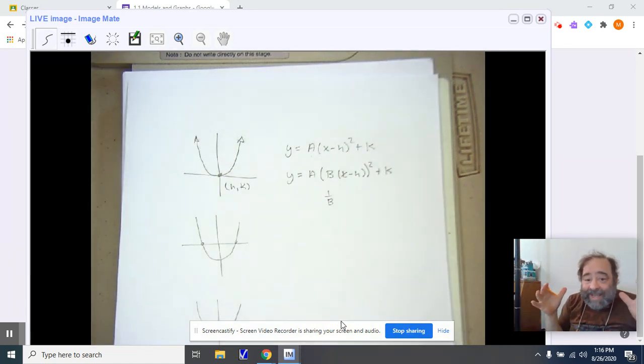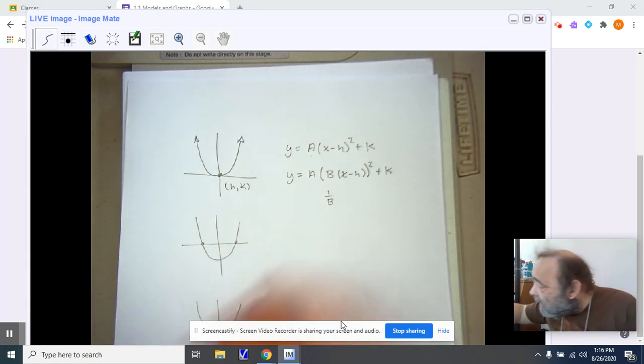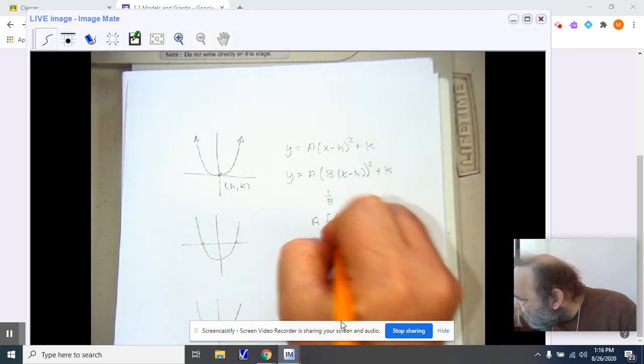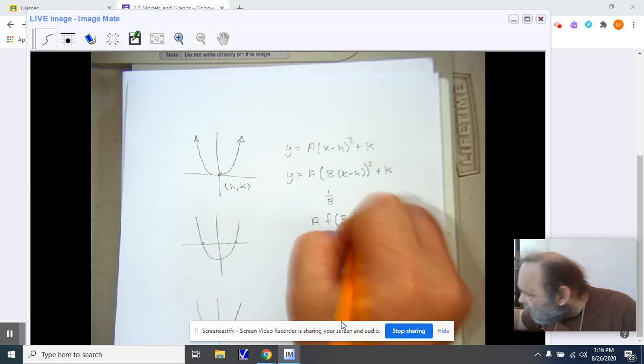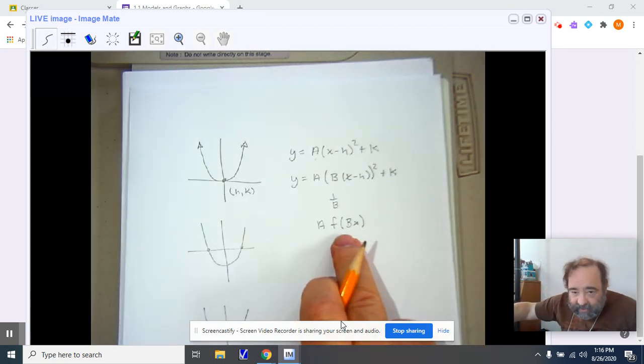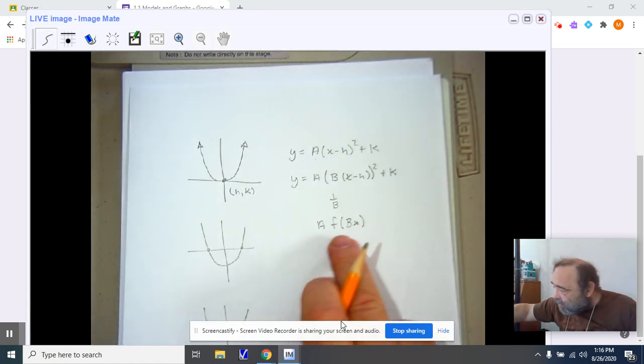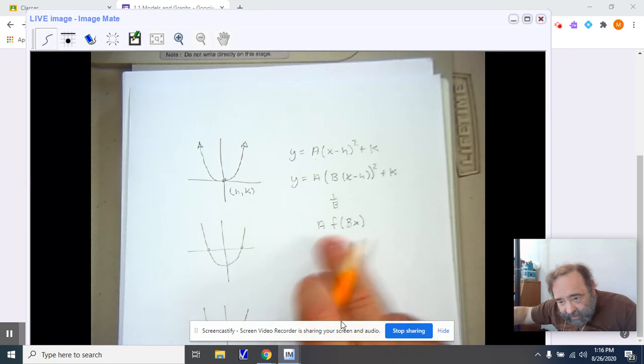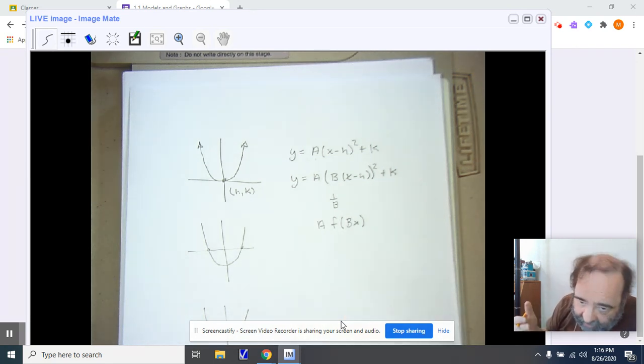That happens when it's inside with the x, so when it's inside of the function. Okay, now we often see this in terms of function notation, a f(bx). Here is an example of a dilation that is having 1 over b as opposed to a dilation that is having a. Okay, please be aware of that. This is function notation, and it is a review again of what you've done in the past.